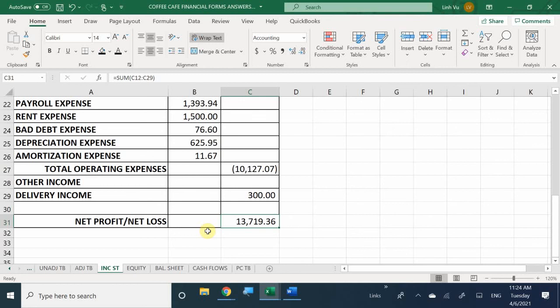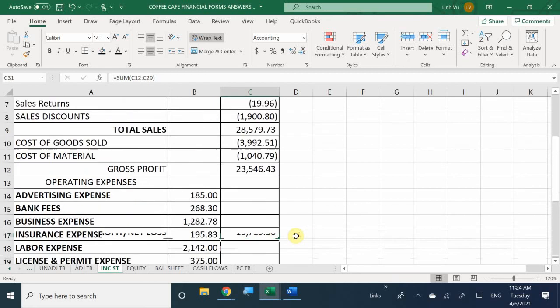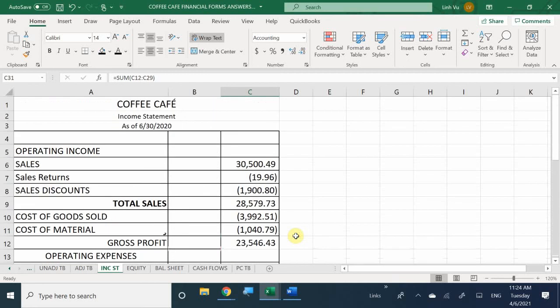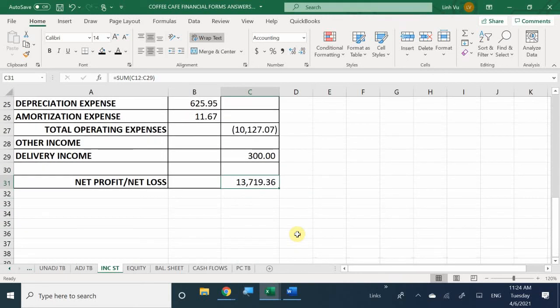Okay? All right, so once again, I will not test you on the statement of cash flows, but I will test you on the income statement, the statement of equity, and the balance sheet. All right? Any questions?